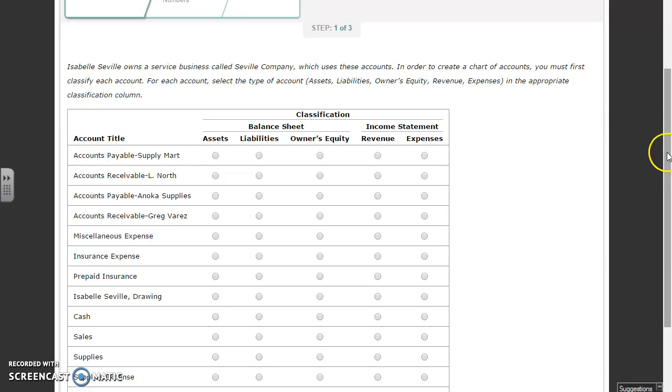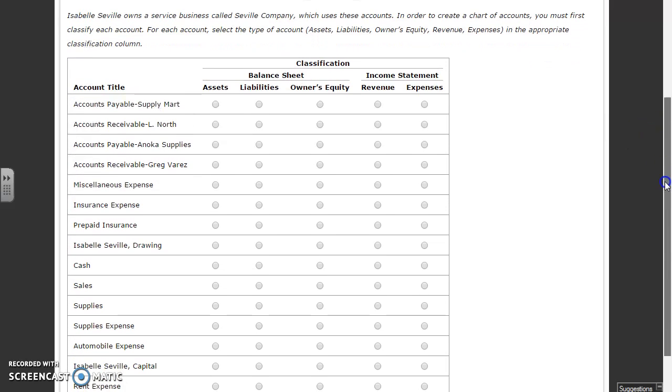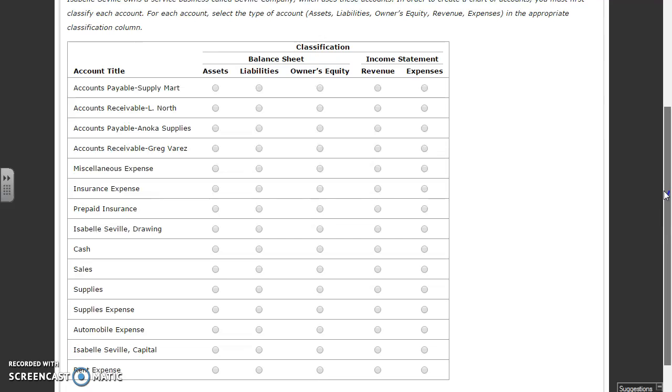So on step 1, we're going to just say what classification certain accounts have. Your options are your 5 account classifications: assets, liabilities, owner's equity, revenue, and expenses. So we're going to go through really quickly and say where they lie.